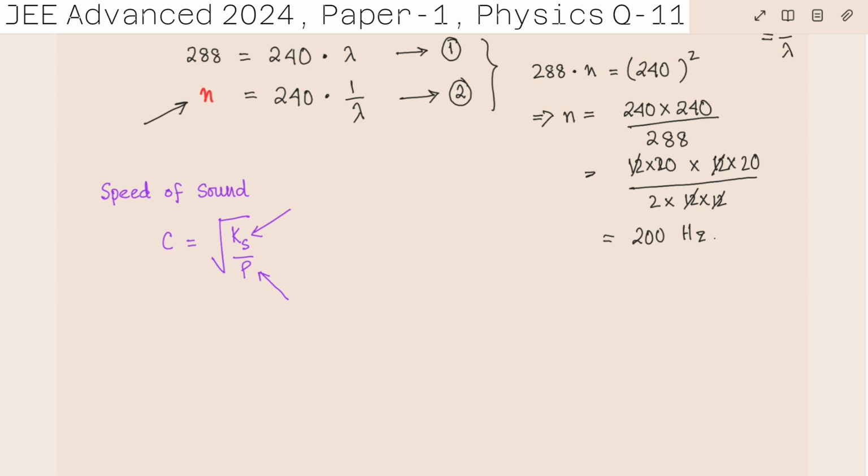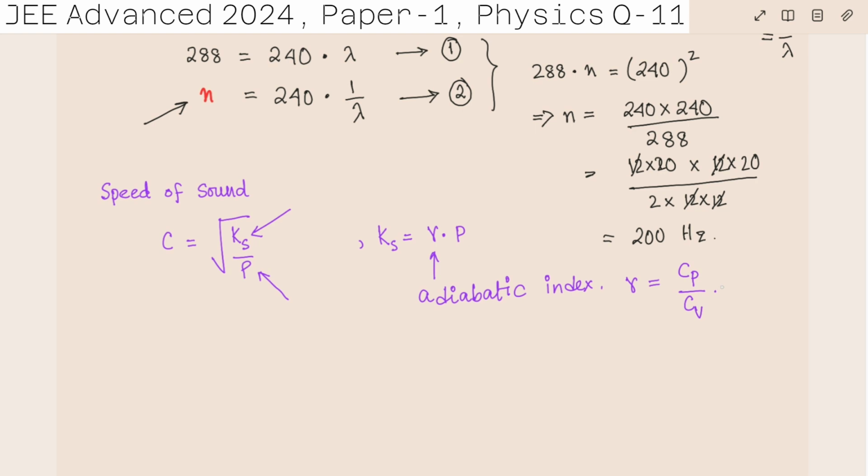Now what we know is that ks is equal to gamma times p. Gamma is basically the adiabatic index, which we define as Cp over Cv, right?